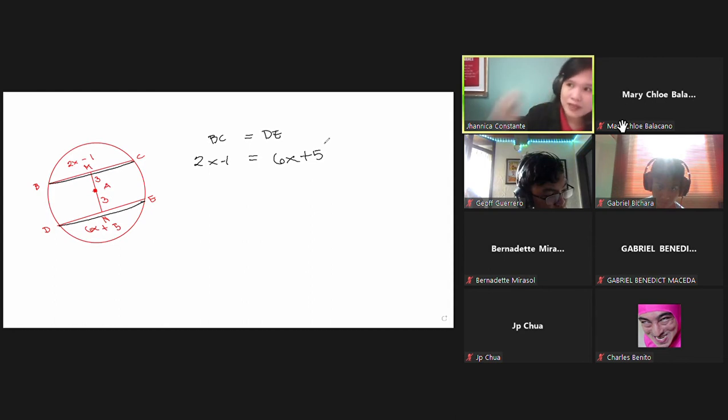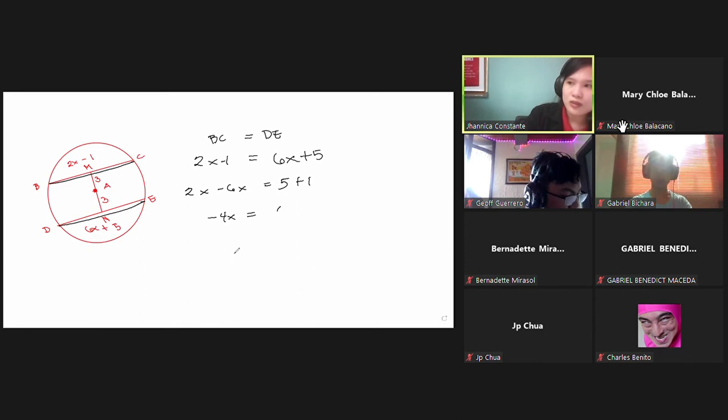So combine similar terms. We have 2x minus 6x equals 5 plus 1. So 2x minus 6x is equal to negative 4x equals 6. Divide both sides by negative 4. So the value of x is equal to 6 divided by 4, negative 1.5.